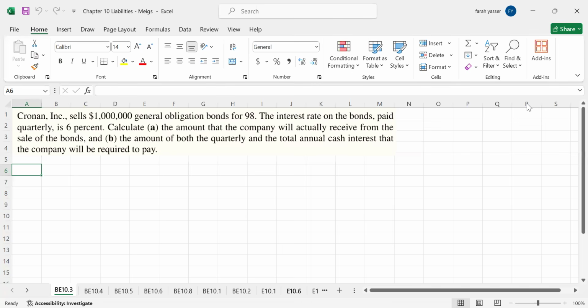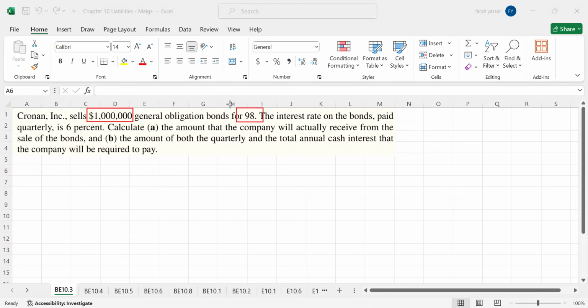In 10.3, the company sells $1 million of general obligation bonds for 98. This 98 means $100 bonds are issued at $98, so this is at a discount, or you can say at 98%, because the face value is 100%, which is $100.